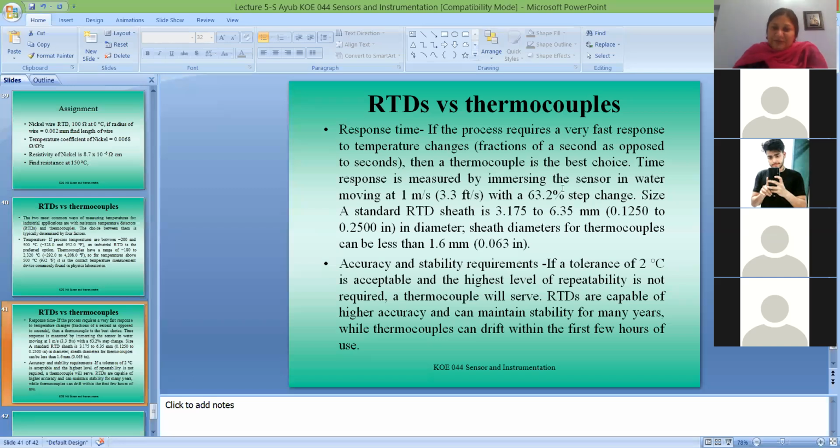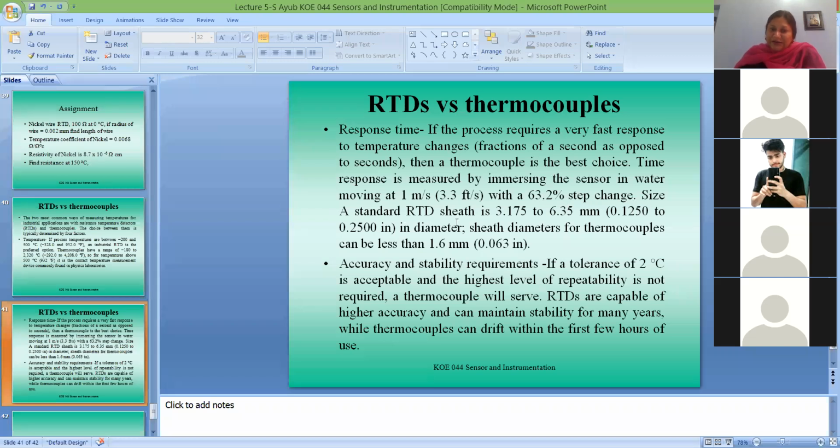Time response is measured by immersing the sensor in water moving at 1 meter per second or 3.3 feet per second with a 63.2% step change. It is always 63%. Accurately, it is 63.2, but we generally talk as 63% step change.